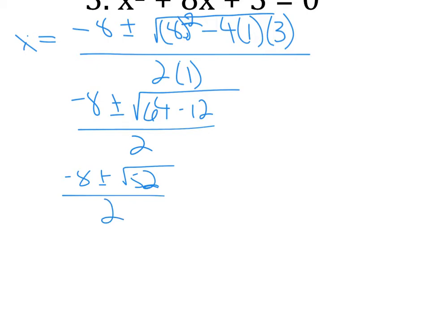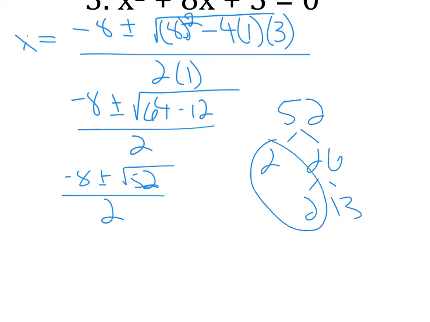All over 2. Then we break down 52. So we get 2 and 26, and then 2 and 13. There's our pair of 2s that we can pull out. So we get negative 8 plus or minus 2, and then we have a 13 left on the inside, so square root of 13, all over 2.